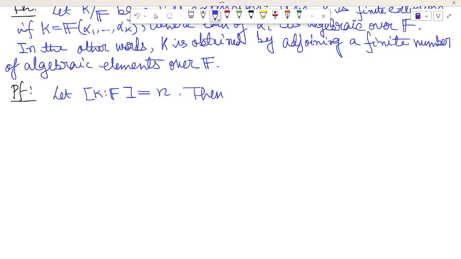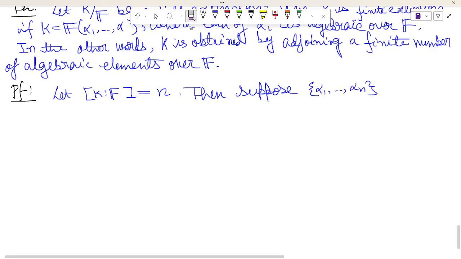It is a finite dimensional vector space over F. So suppose alpha 1 to alpha n, that is some alpha 1 to alpha n. This need not always be a unique thing, but some exist.